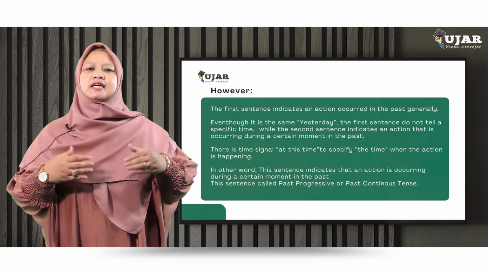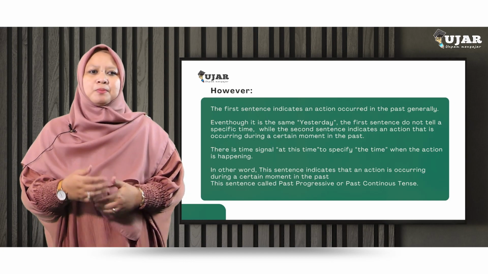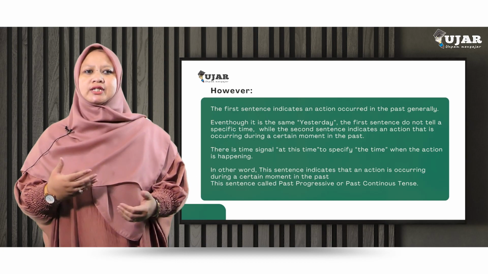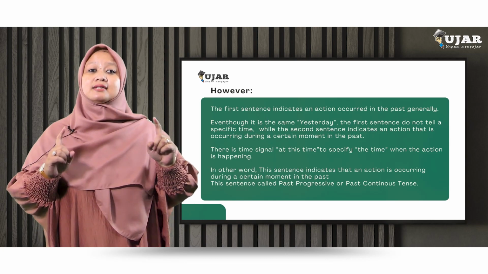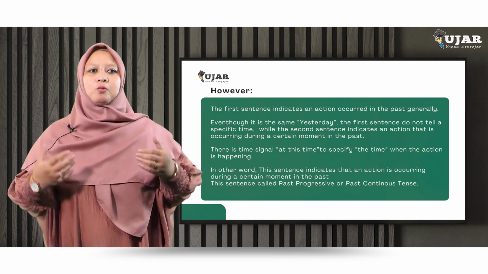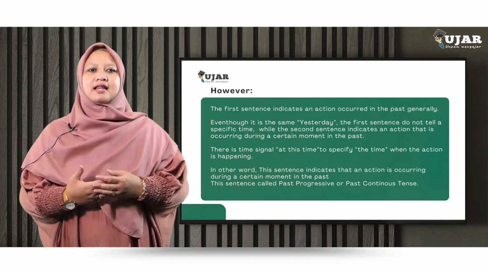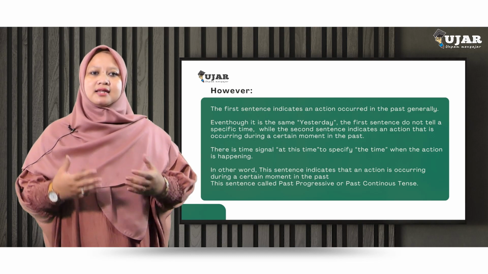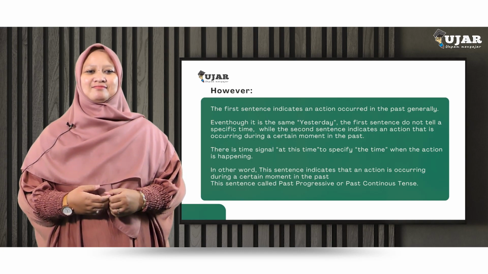Even though it is the same yesterday, the first sentence does not tell a specific time, while the second sentence indicates an action that is occurring during a certain moment in the past. There is a time signal, at this time, to specify the time when the action was happening. In other words, this sentence indicates that an action is occurring during a certain moment in the past. This sentence is called past progressive or past continuous tense.